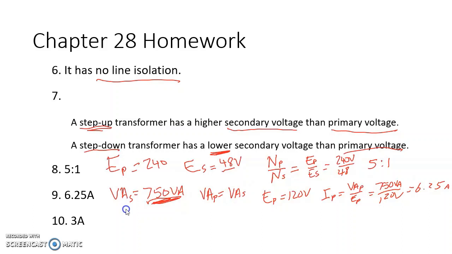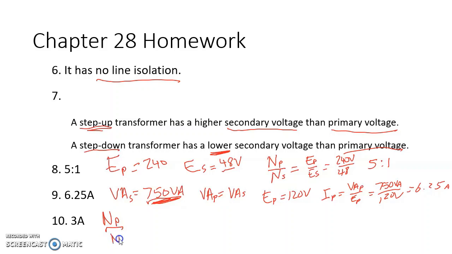And number 10, a transformer has a turns ratio of 1 to 6. The primary current is 18 amps. What is the secondary current? Basically it's a formula.